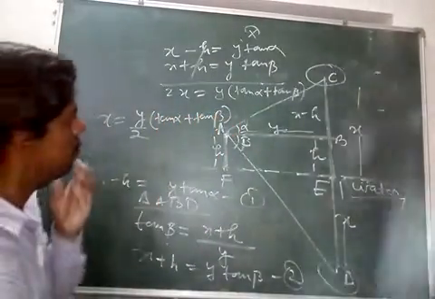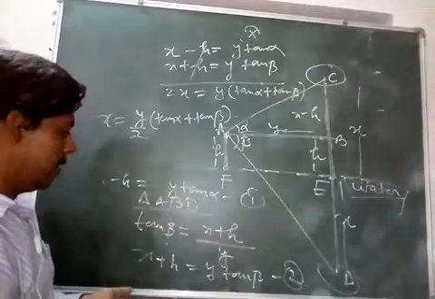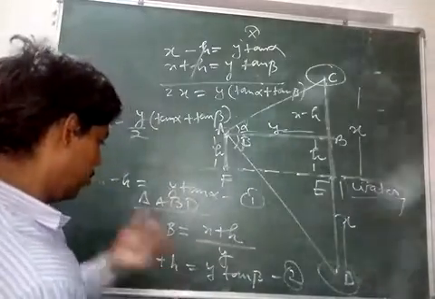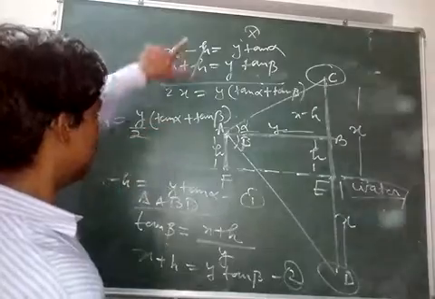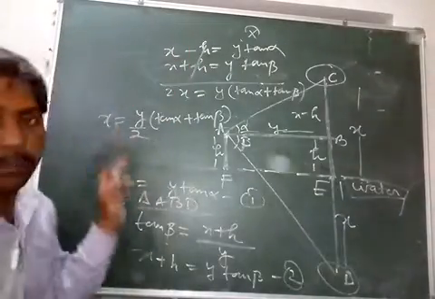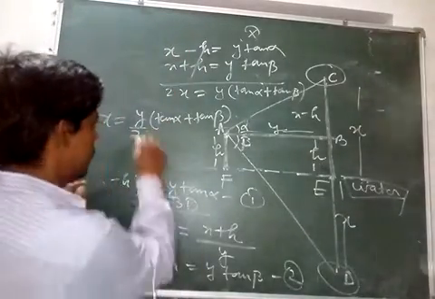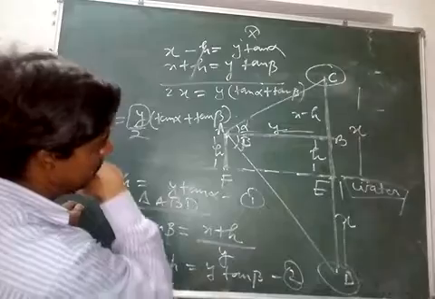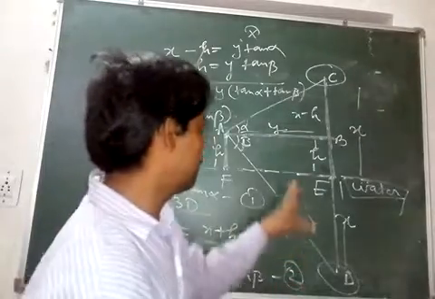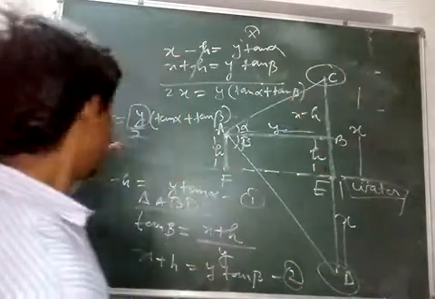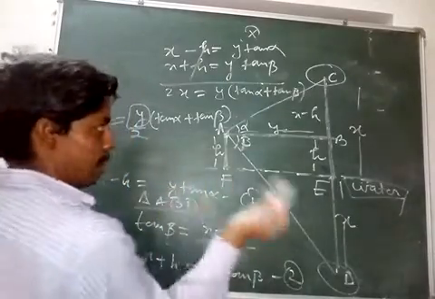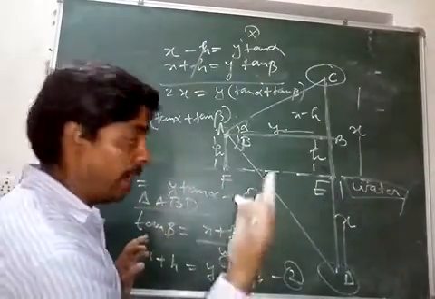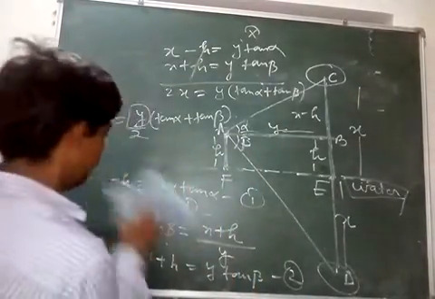Now what is the value of y in terms of h? We need to eliminate this y, because the total height above the ground is x. This x you have to calculate. So if you remove y, you get the answer. We need to bring h in place of y. So how to do that?